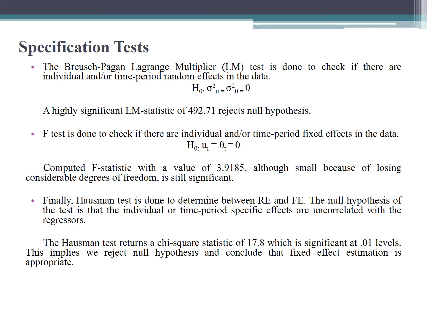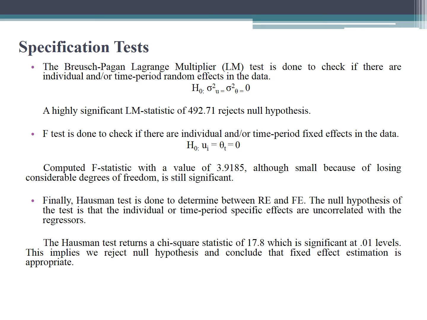What we mean by random effects is that the individual or time period effects are not fixed, they are random. That means they vary across time or across individuals. So the null hypothesis is there are no variances in individual or time period effects. An LM statistic of 492.71 rejects the null hypothesis, and we conclude that we do have random effects in our data.